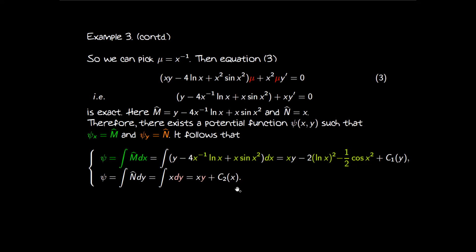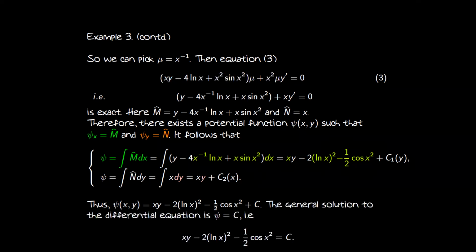So we can set our psi to be the three terms here: xy minus twice the natural log of x squared minus half of cosine x squared, and then plus a constant c. And then we understand the solution to the equation is going to be the psi function equal to c, which is implicitly defined by this equation.